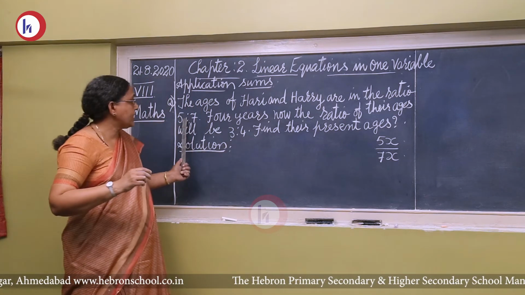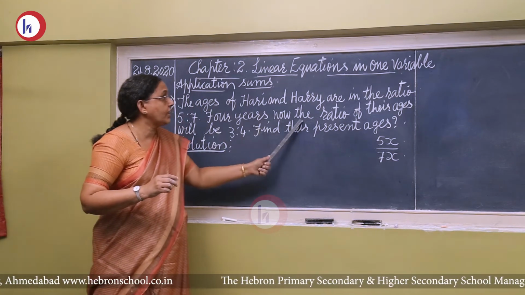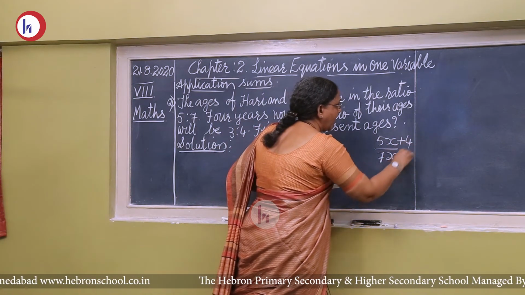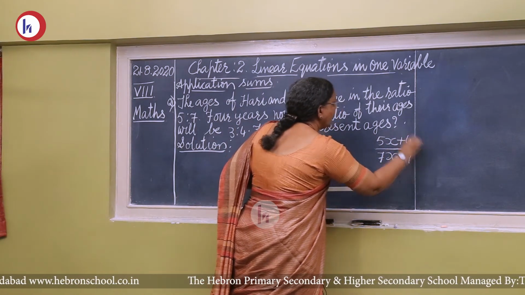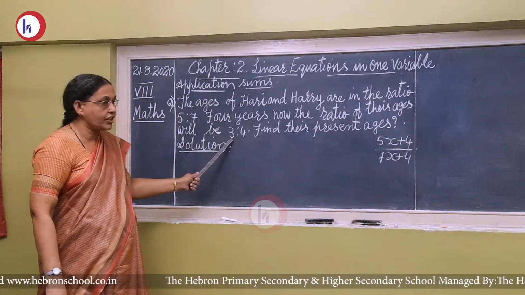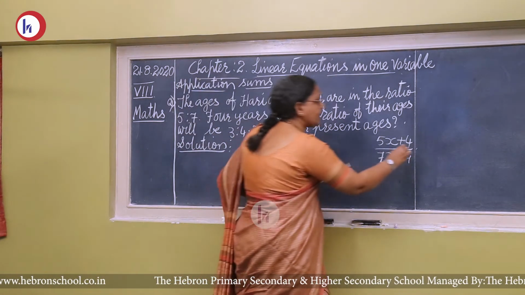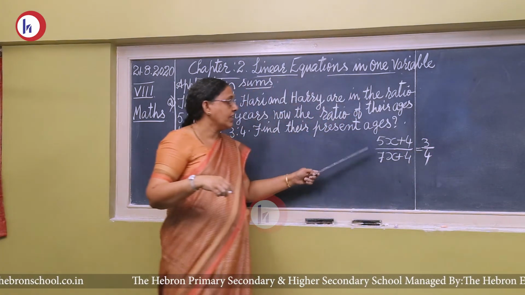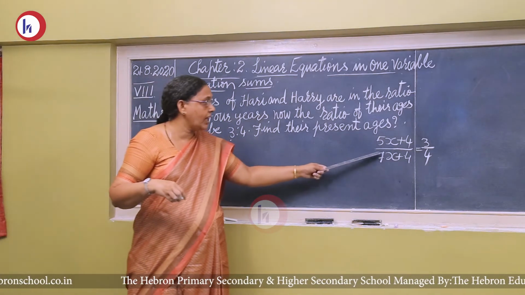Then again it is telling that 4 years from now the ratio of their ages, after 4 years will be added. Then after 4 years, what happens to the ages? That will be 3:4. 3:4 means again 3 upon 4. Now we are getting the equation. From the equation we can solve the sum.